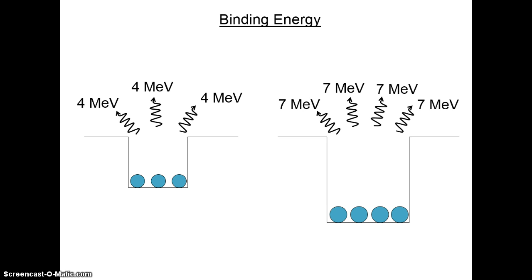So each of these gives off 7 mega electron volts because the well is deeper, and when they lose that energy, they lose a little bit of mass. So we could describe the depth of a well in terms of energy. This well is -4 mega electron volts deep, whereas this one is bigger, -7.